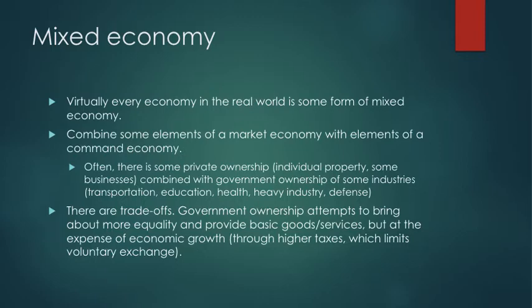You can look at the standards of living between, say, the United States, which is mostly a market economy, and Europe, which is a little bit more mixed. It's probably a little more 50-50 in a lot of European countries, and their standard of living is a lot lower than ours. Their homes are smaller. Their transportation choices are more limited in terms of personal transportation.